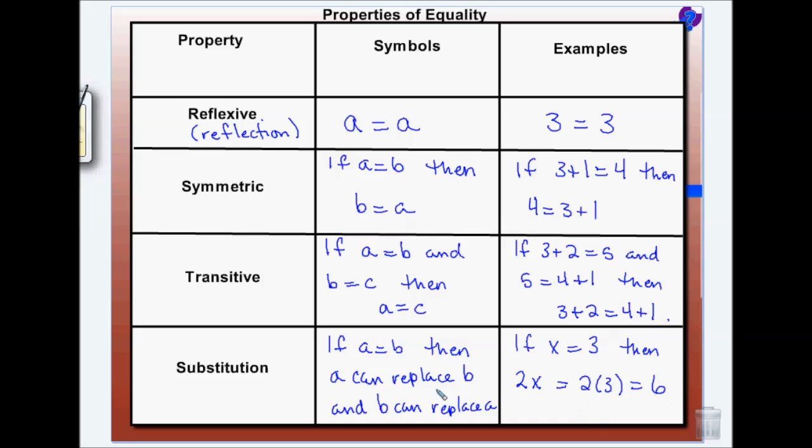A can replace B or B can replace A. So if you have two things that are equal to each other, they can replace each other. And this is the property that we use the most when solving equations, substitution.